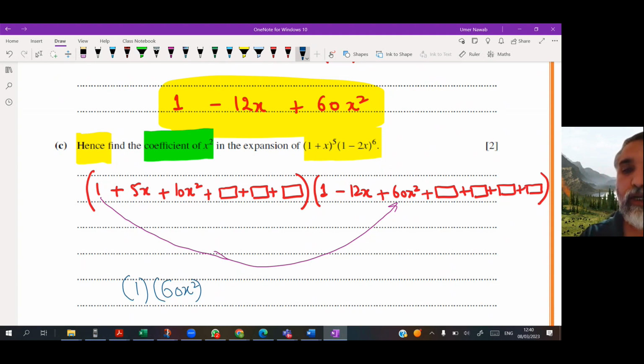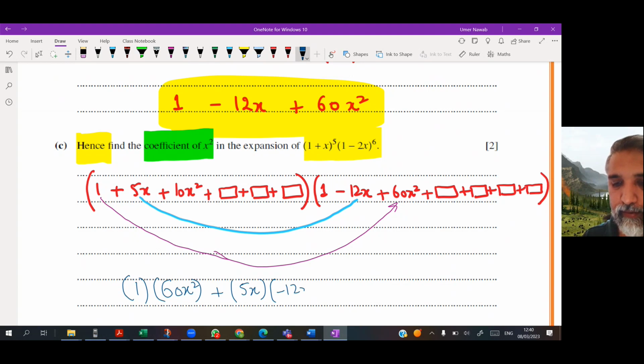This is done. Now check 5x multiplied with minus 12x can give you an x squared term. So multiply them together. 5x should be multiplied with negative 12x to give you an x squared term. Now 10x squared multiplied with 1.